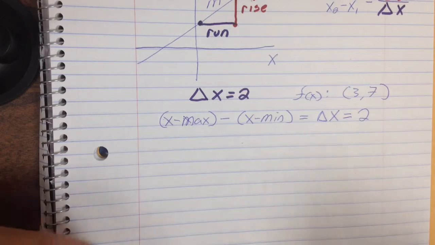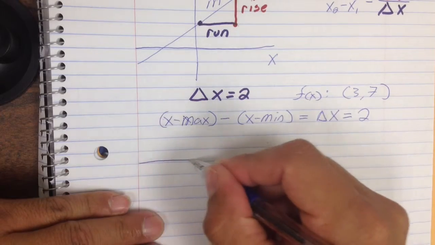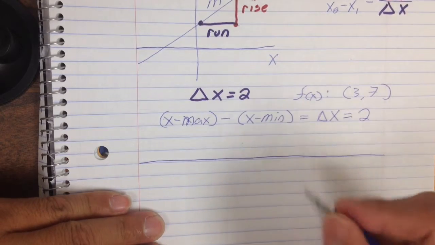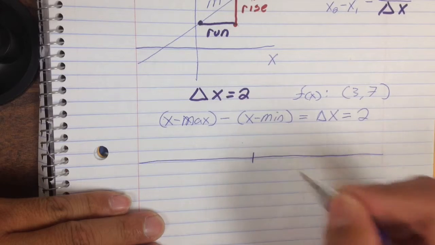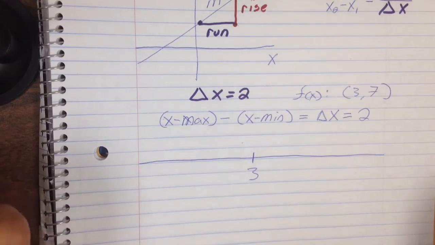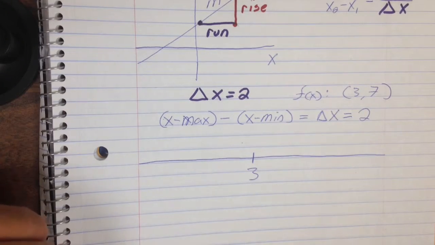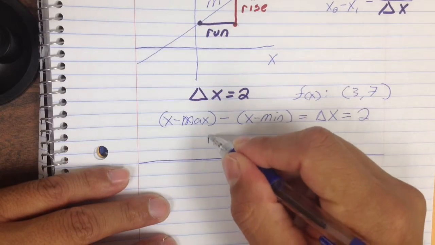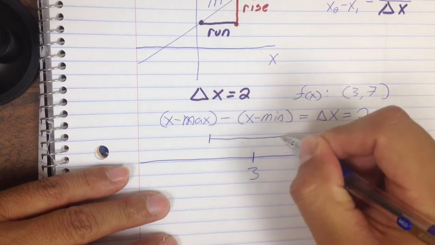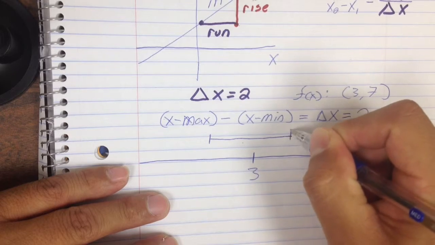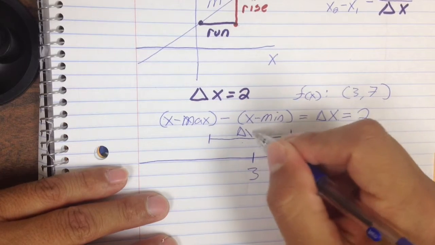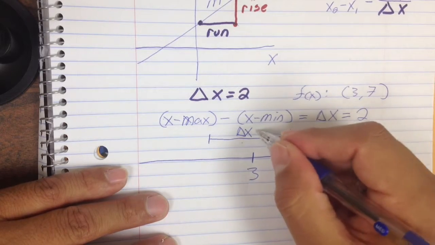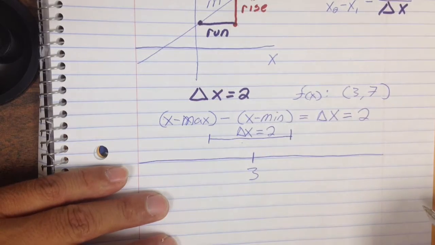But when I do that, I'm going to put a number line here. Let's just look at the x values around 3. So delta x around 3, the total distance in the x direction, must be 2 units.